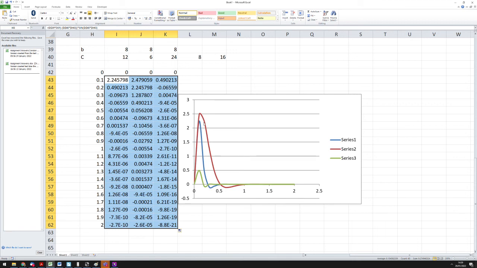So in terms of displacement, it's travelled further and it's taken longer to settle if we halve the angular frequency.